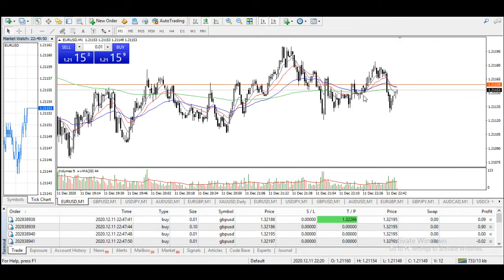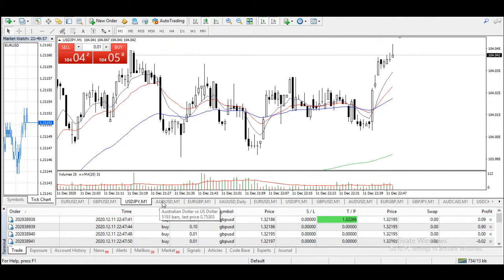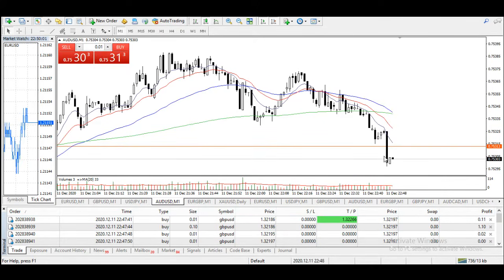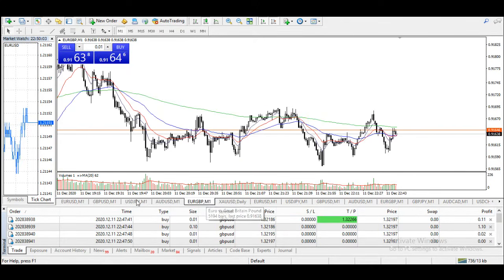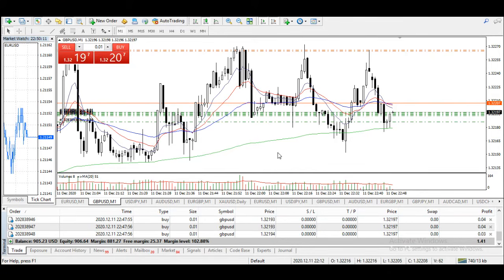Also other markets, also euro dollar is in a range market. Also USD yen, AUD dollar was in a range. And euro GBP. So GBP dollar again is up, and I'm telling you that I am trading from the toughest.